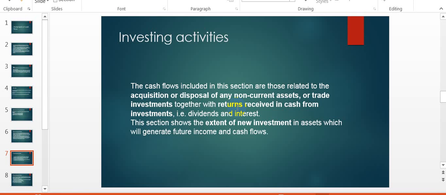Again, remember, you take out the carrying amount of the asset which has been disposed of. Then you sum total. Your total, you compare it with the closing balance, again, which will be given in the balance sheet in the question. The difference between the two will be the cash which has been paid out to acquire new assets. So you bring that as an outflow.